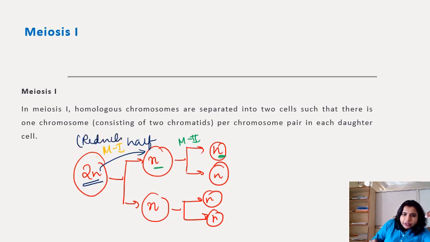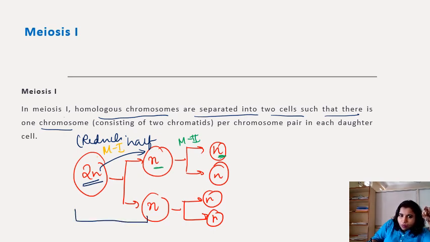Reductional division, right? So in meiosis 1, you can see homologous chromosomes are separated into two cells such that there is one chromosome consisting of two chromatids in each daughter cell. That is describing this part. See here, in meiosis 1, homologous chromosomes are separated into two cells.